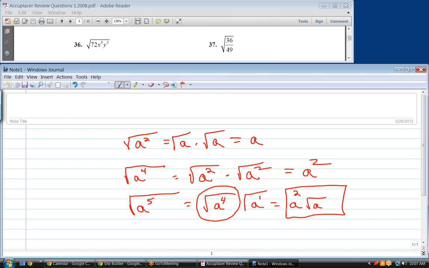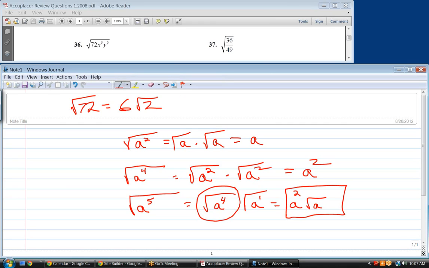So let's apply all of that together on problem 36. What does the square root of 72 become? The square root of 36 times the square root of 2, which is 6 square roots of 2.